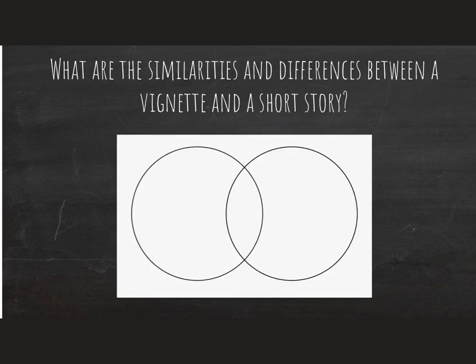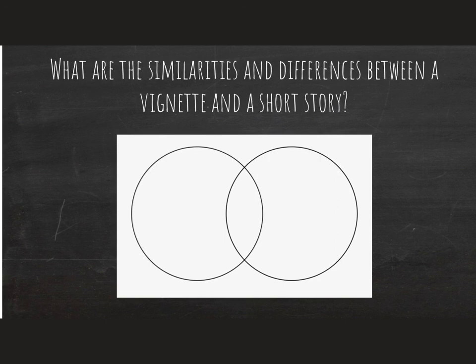So in your guided notes, I have a Venn diagram, similar to the one you see on the screen. The one in your notes is going to be blue and green. What I want you to do is identify the similarities and the differences between a vignette and a short story. Since we can't easily type into a Venn diagram in your notes, I've given you that visual up above, but down below, it's a table with 3 columns.